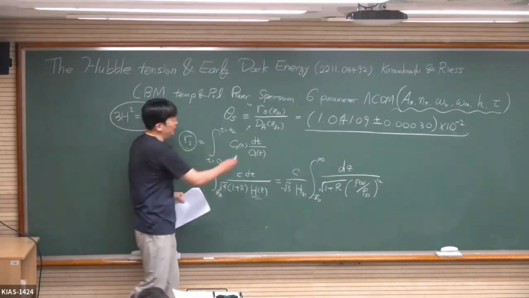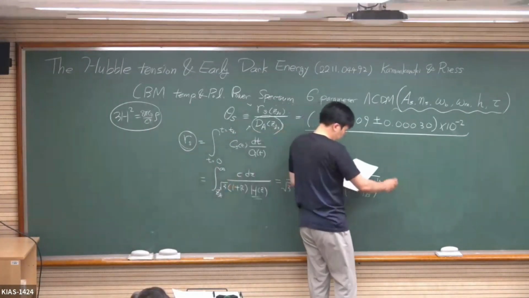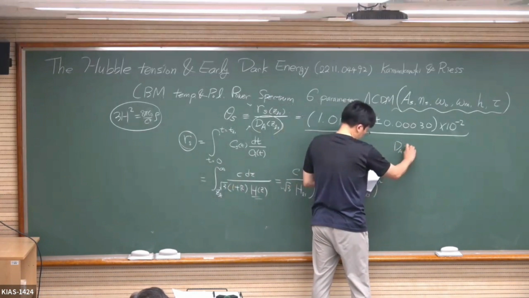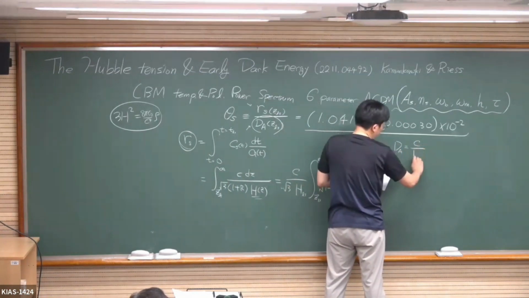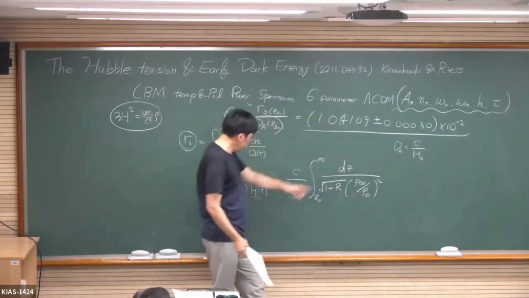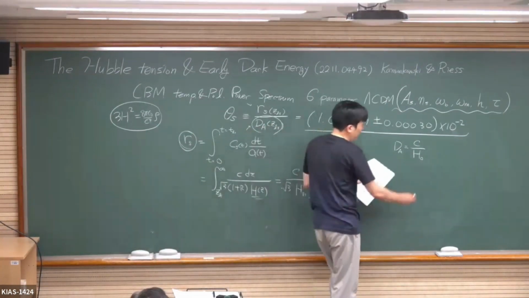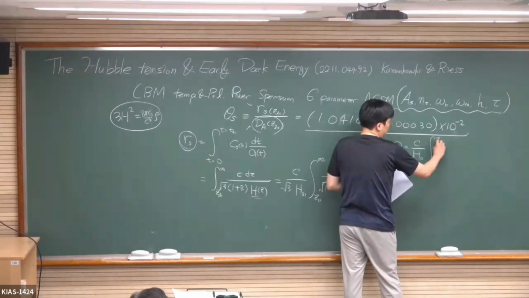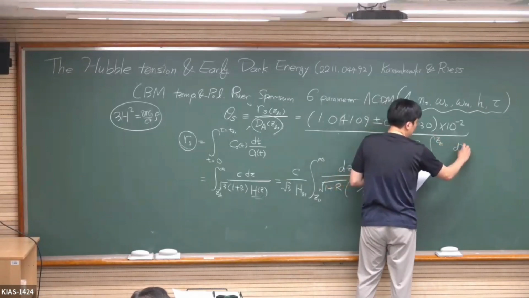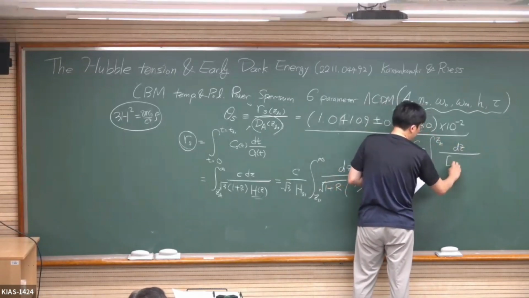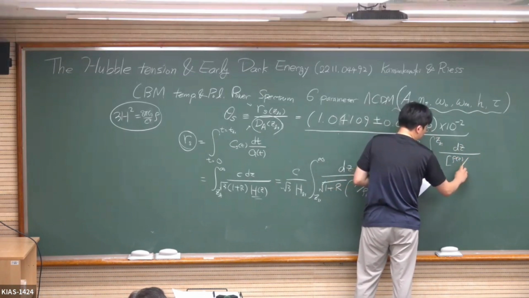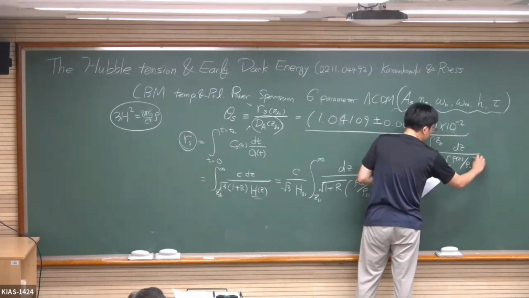On the other hand, d_A is the same integral. Now we have H naught instead of H_LS, H of the last scattering surface. And from redshift 0 to redshift z_LS, dz over, I'll write the same notation, rho z over rho 0, to the 1/2.